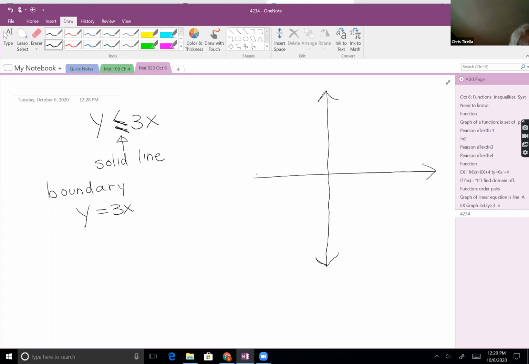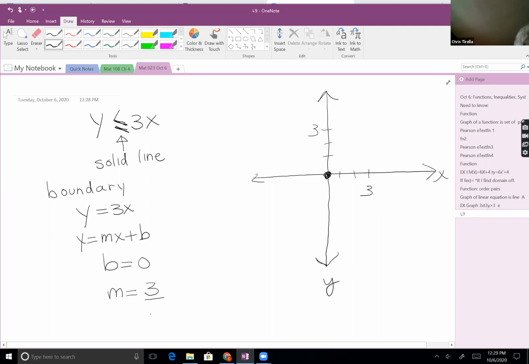When I compare this to y equals mx plus b, does everybody see that there's no b written? So b is 0. So I'm going to start at 0 on my y-axis. M, that was the x coefficient, it's 3.